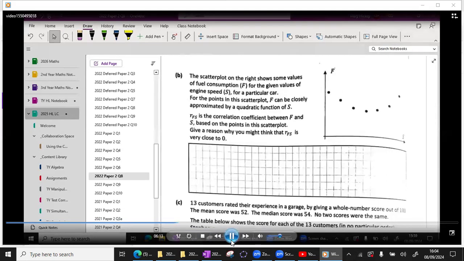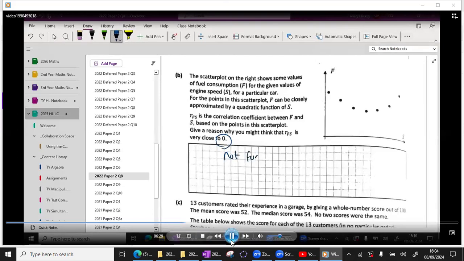Based on the points in this scatter plot, give a reason why you might think that the RFS is very close to zero. Now remember, if my correlation coefficient is close to zero, it means that it is not forming into a line.